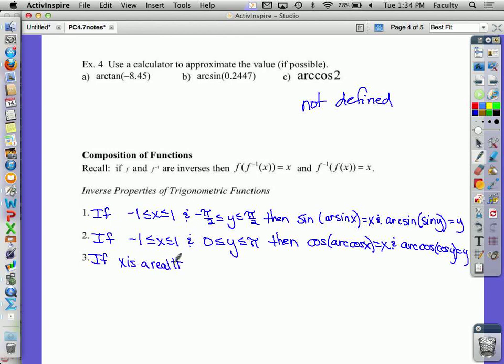If x is a real number, and y is strictly between -pi/2 and pi/2, then the tangent of arctan of x is x, and arctangent of tangent y is y.